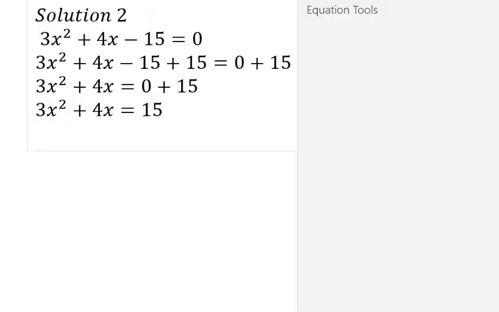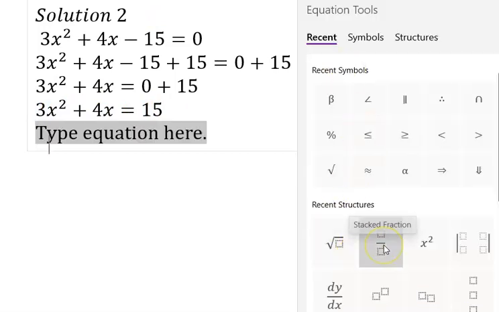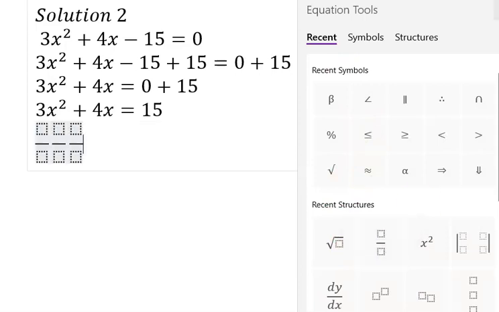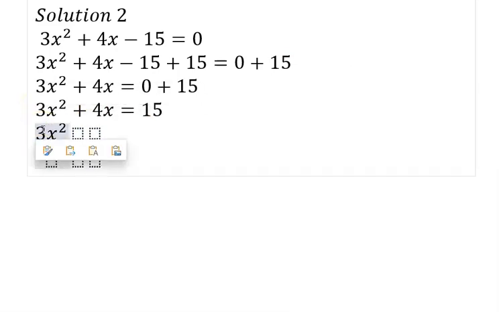Let's get a template. Awesome. So here now we have 3x squared divided by 3. Here we have plus 4x divided by 3. Here we have equal 15 divided by 3.